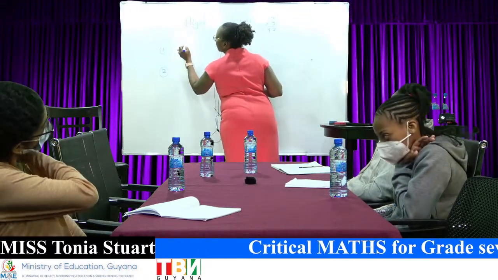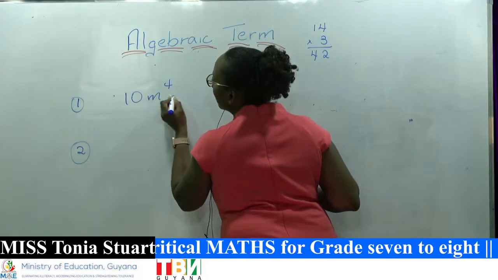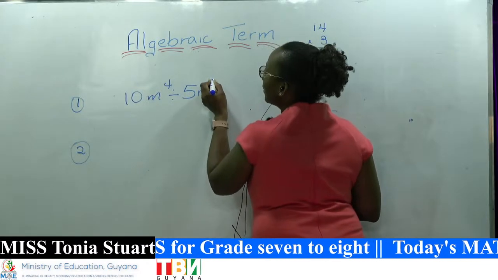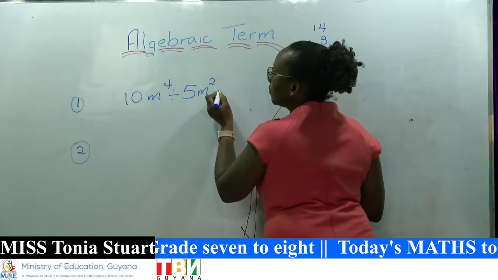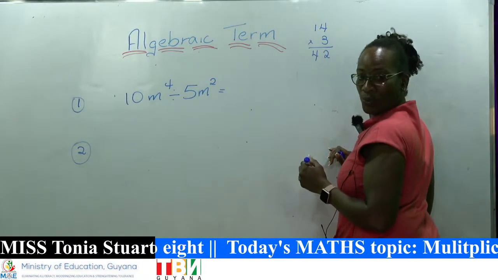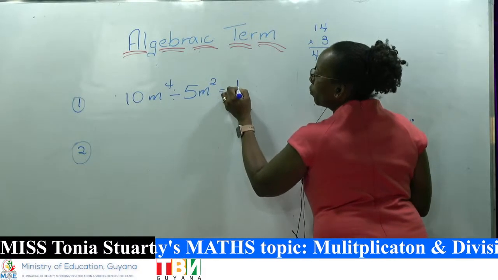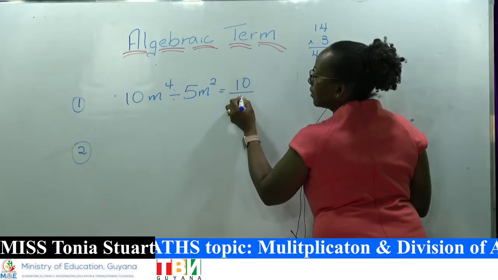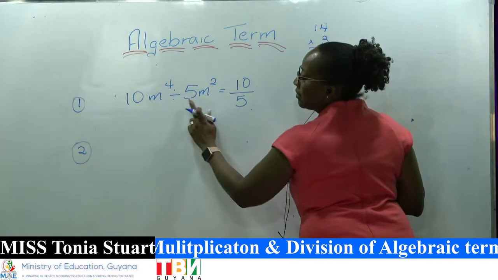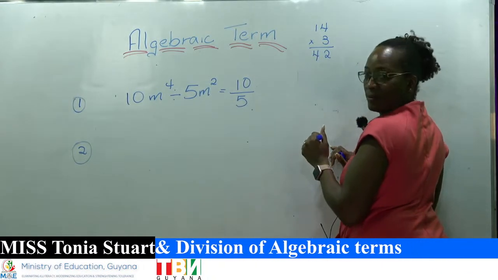So my division: 10m to the fourth power divided by 5m to the second power. Good? So the first thing we're going to do is make the division showing the numerator and the denominator. Right? Because 10 is divided by 5. What variable are we using?